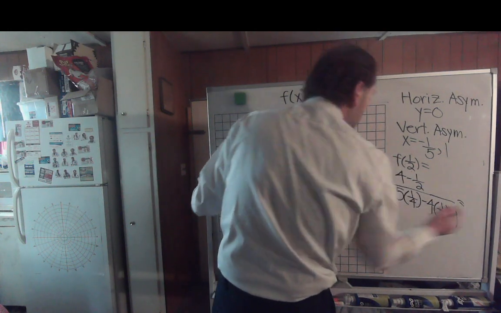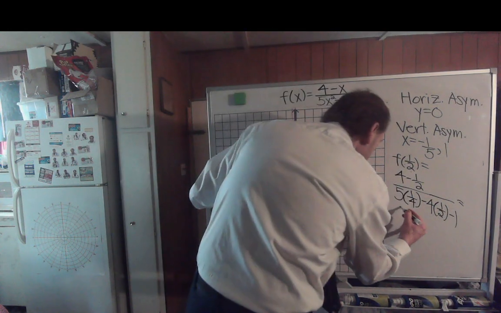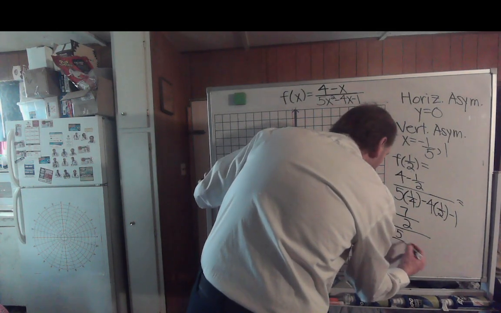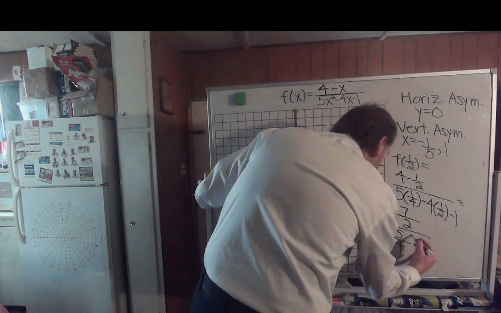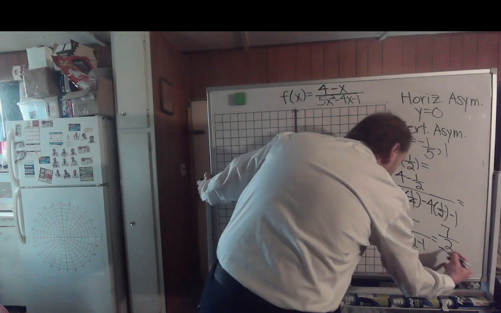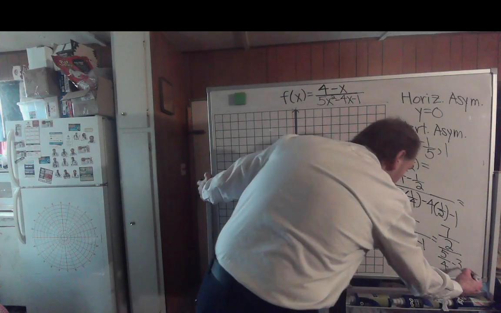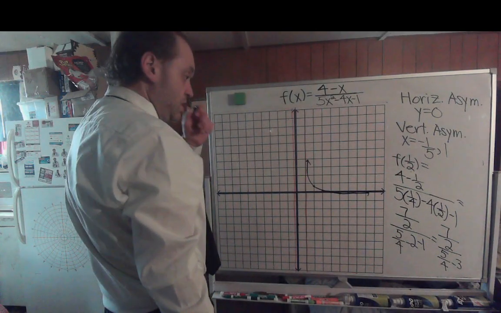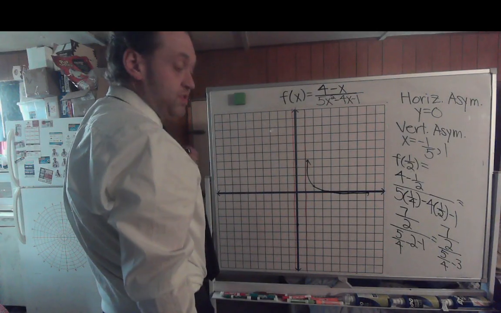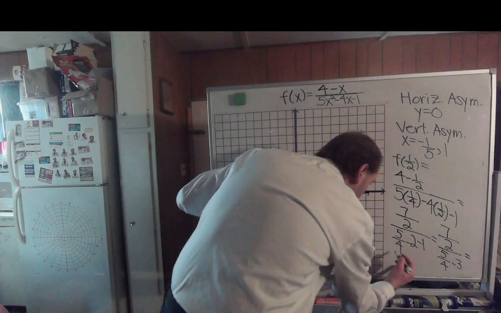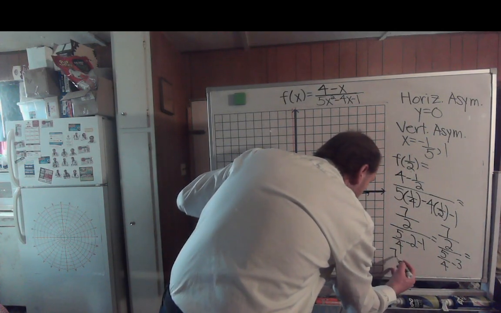So let's see, that would end up being 7/2 all over 5/4 minus 2 minus 1, which would give you 7/2 all over 5/4 minus 3, which is negative 7/4.